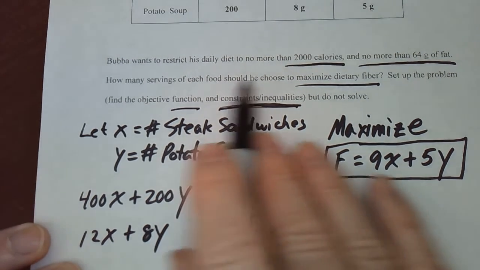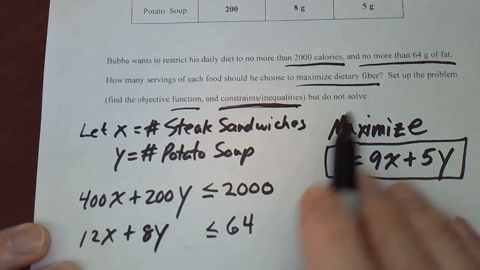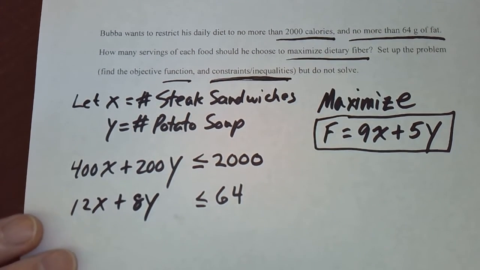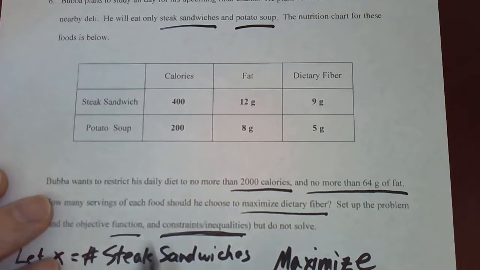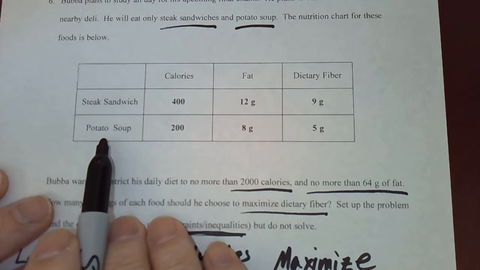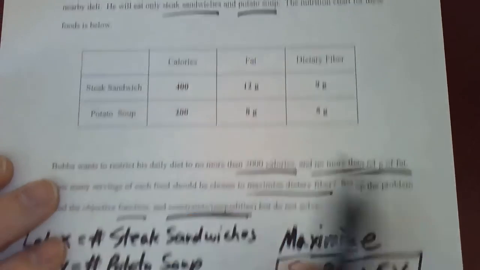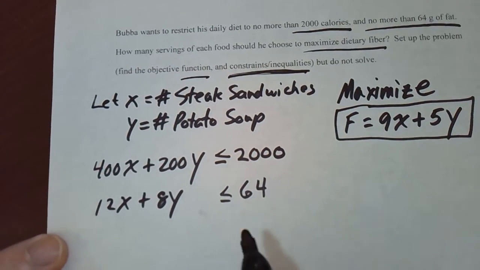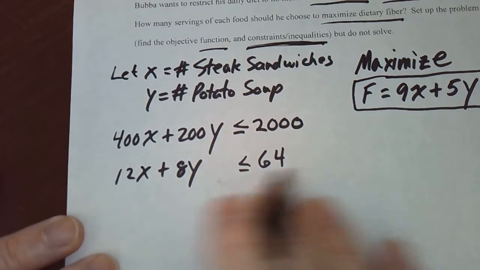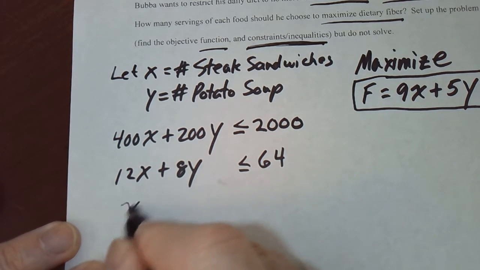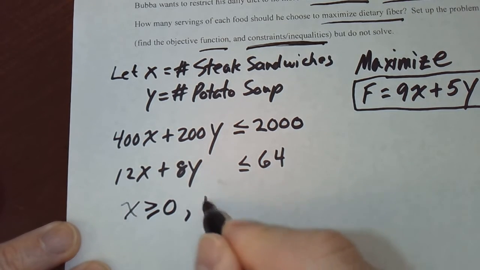And now we've used all of the information. There is one minor thing that we should always remember. You cannot eat a negative number of steak sandwiches or a negative number of cups of potato soup, so we'll include the two inequalities that we frequently do with these real-world problems. X has to be greater than or equal to 0.